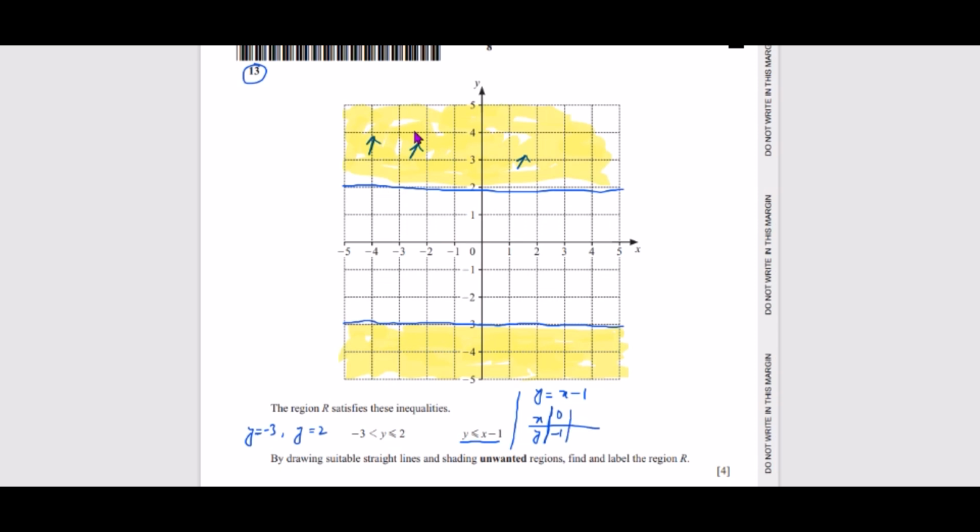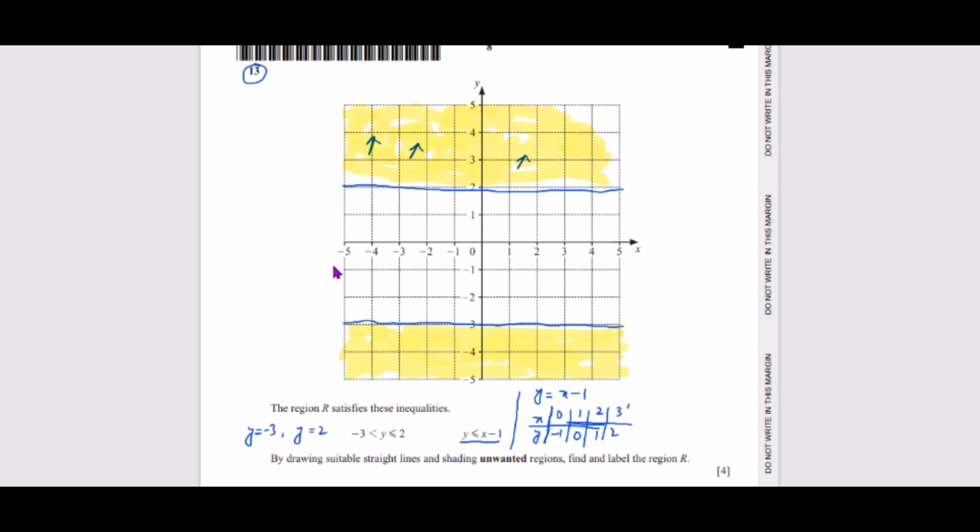If we put x is equal to 1, y is equal to 0. If we put x is equal to 2, the value of y is 1, and if we put 3, the value of y is equal to 2.